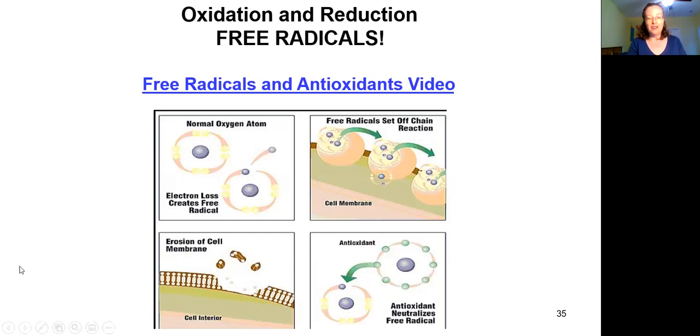And it's showing here that it can destroy our cell membranes, which means the cell is going to die and it causes early aging. And how to stop it? Well, something known as an antioxidant will have some atoms in it that have an extra valence electron. They can give up that valence electron and still be stable themselves.